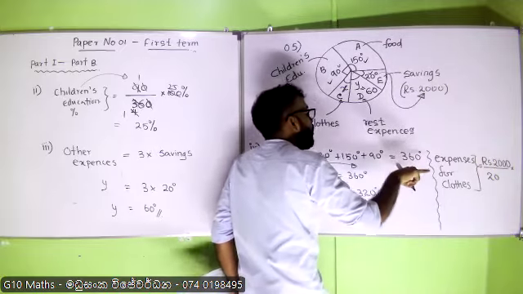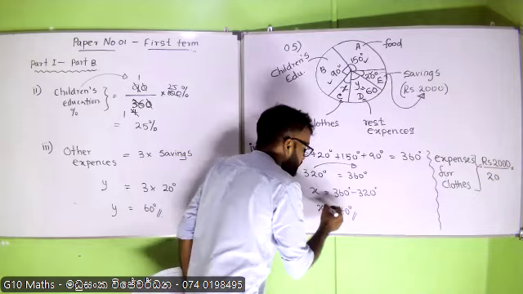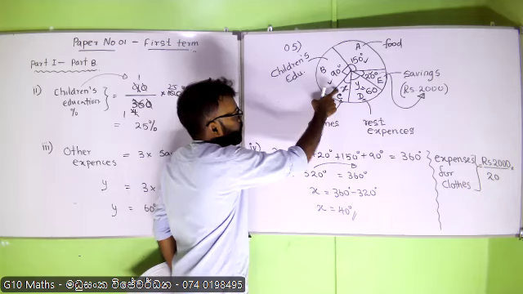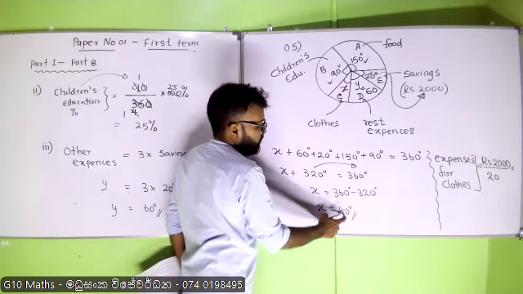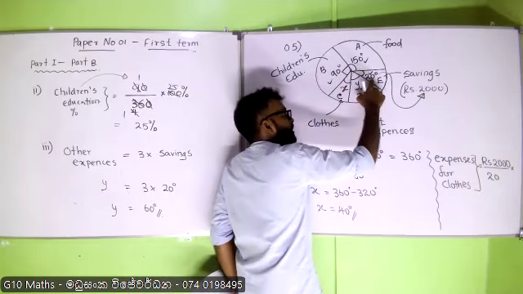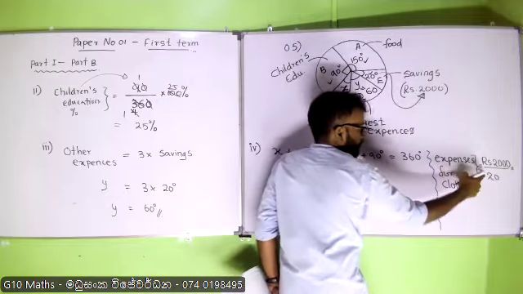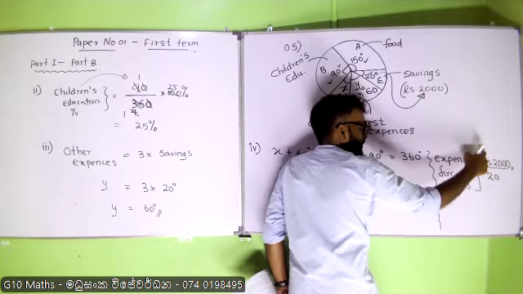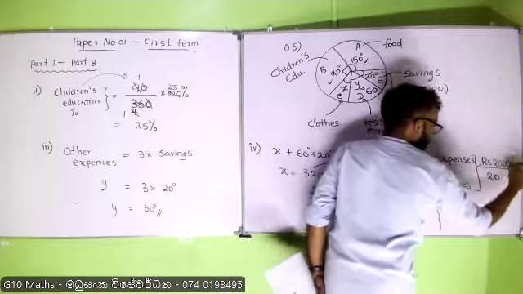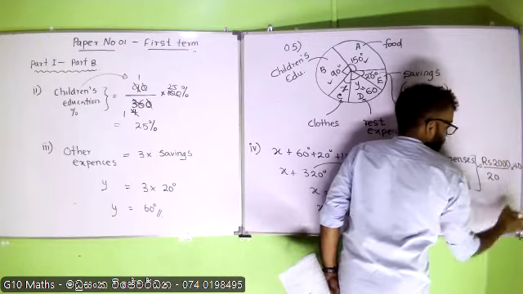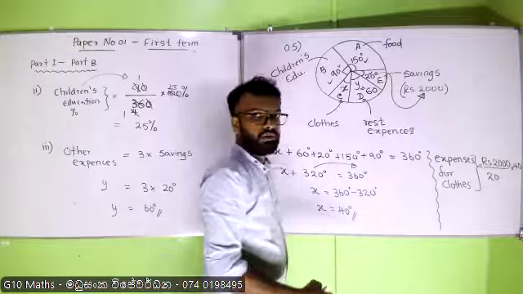Then how much for 40 degrees? For clothes, x represents the value 40 degrees. 20 degrees represents 2000. Then how much for 40?